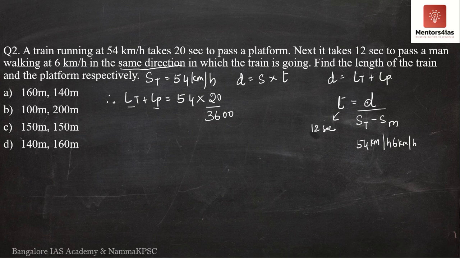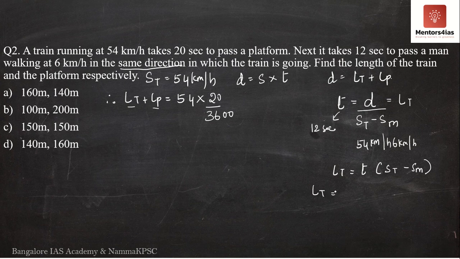And what will be the distance over here? The distance will be nothing but the length of the train itself. Therefore, can I write this as length of the train equals time into speed of the train minus speed of the man? I'm just taking this to the left hand side.